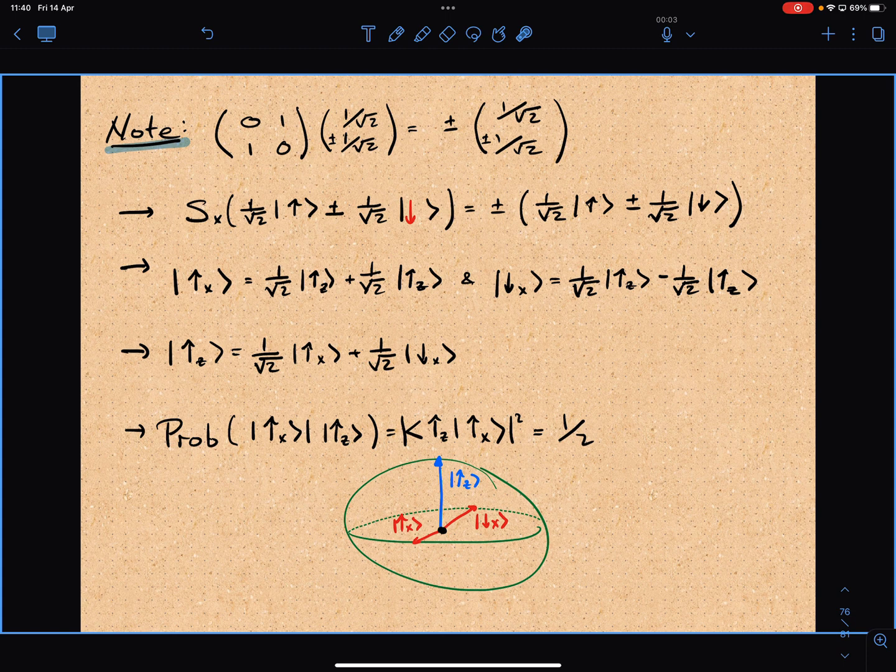And I have that my upspin in the x direction is made up as this linear combination of spins in the z direction, and the downspin is computed as this linear combination of z spins.